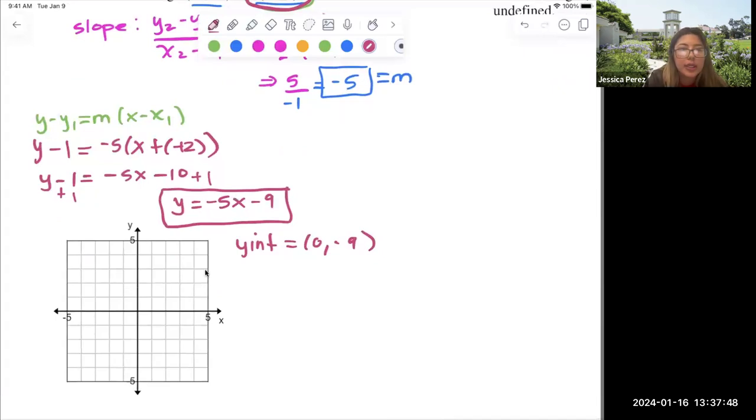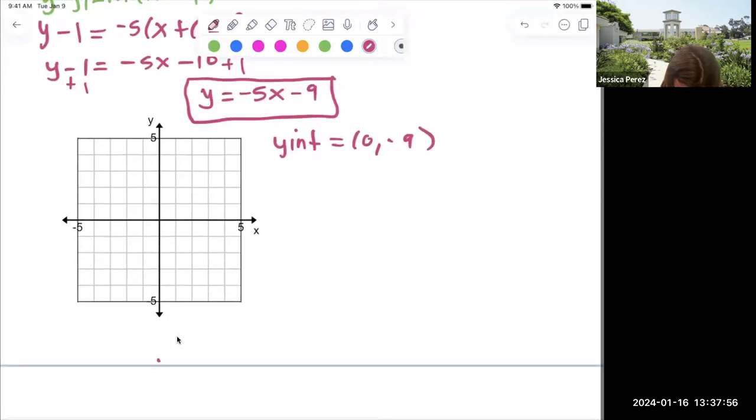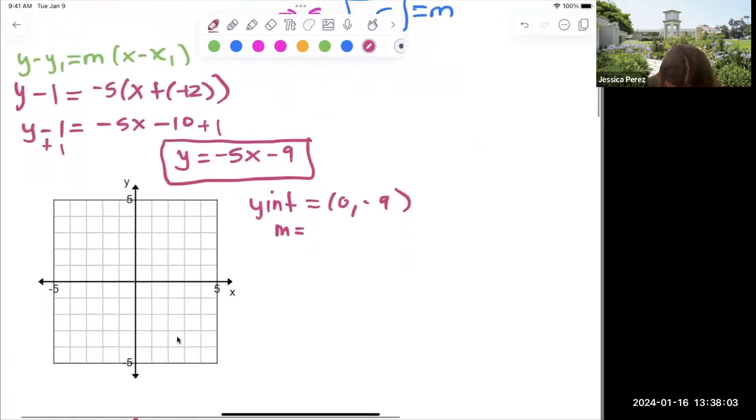When I plug it in, I know it's going to go all the way down to -9, and then my slope is -5/1.